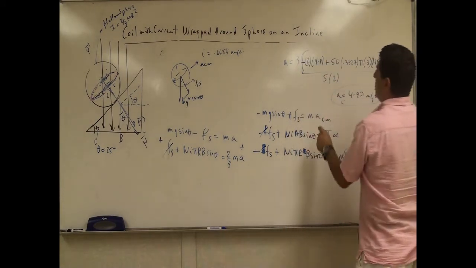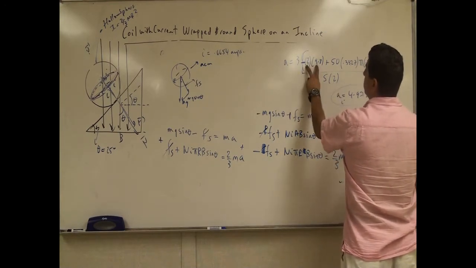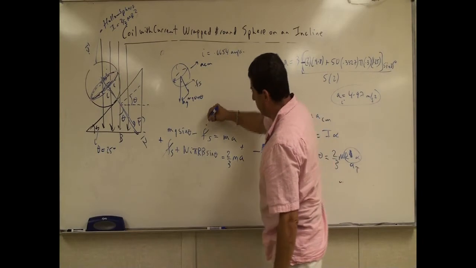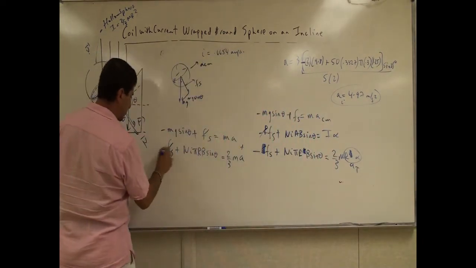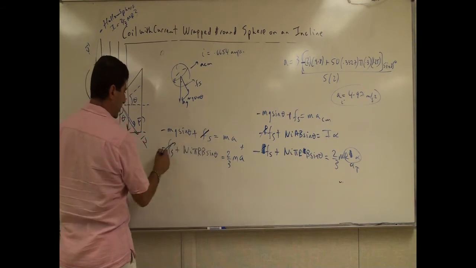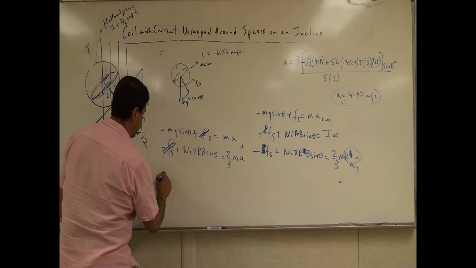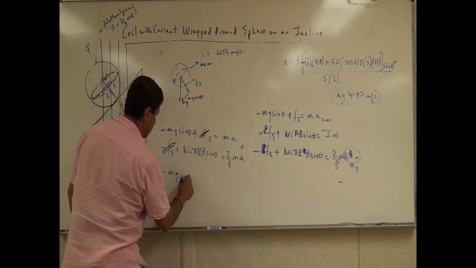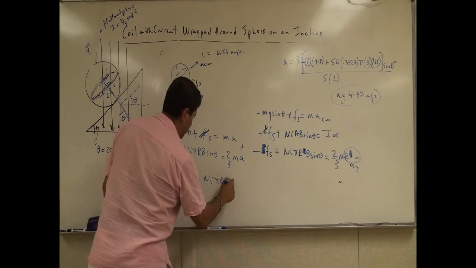So if we wanted to calculate the acceleration, I would put 3 over 5 times 2. This is going to be negative. Why? Because this one was negative and this one was positive, and then this one was negative. I add the two equations. This one gets eliminated, and then you have here minus mg sine theta plus ni pi rb sine theta.